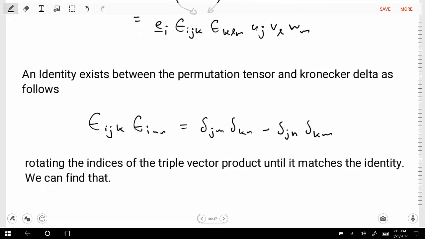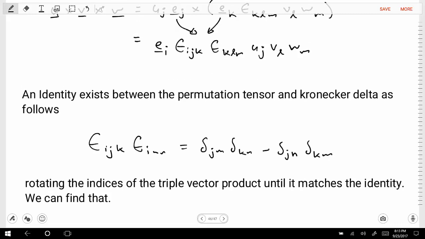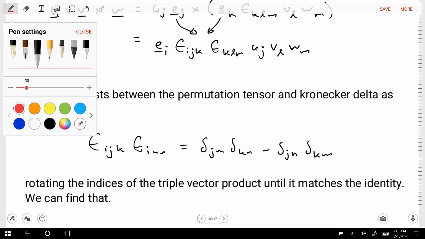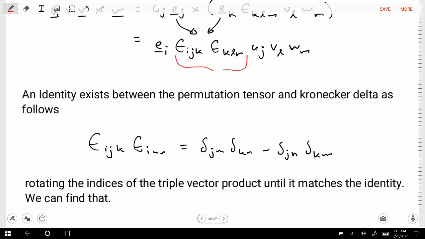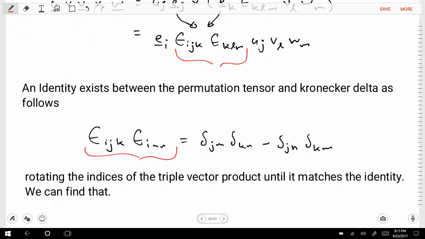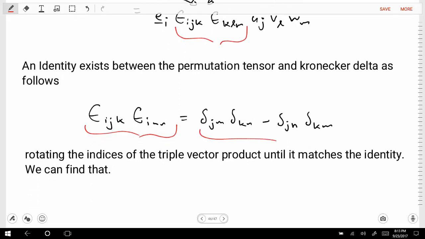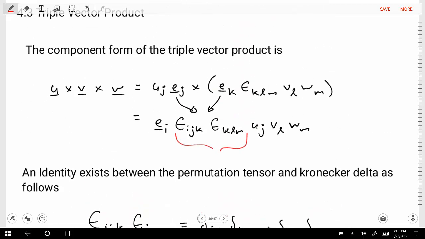Now, if we take this relationship and we rotate the indices of these two so that they match, then we can exploit this identity of the Kronecker deltas in order to solve for our triple vector product here.